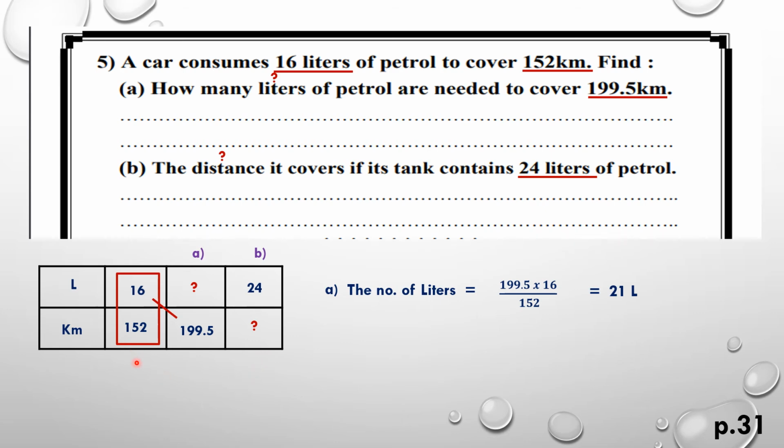We already have our completed column. Do we have a completed cross for letter B? Yes, we have. This is our completed cross. So letter B, the distance equal 24 times 152 over 16 or 152 times 24 over 16. They are the same. The result will be 228 kilometers.